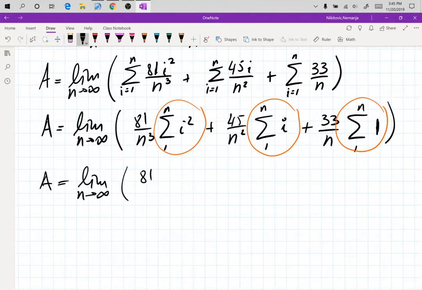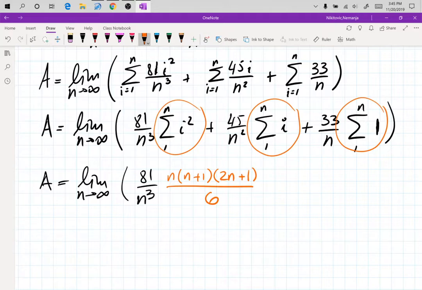So we have 81 over n cubed, and now i squared, I'll put it in orange, is going to be n plus 1 times 2n plus 1 divided by 6.